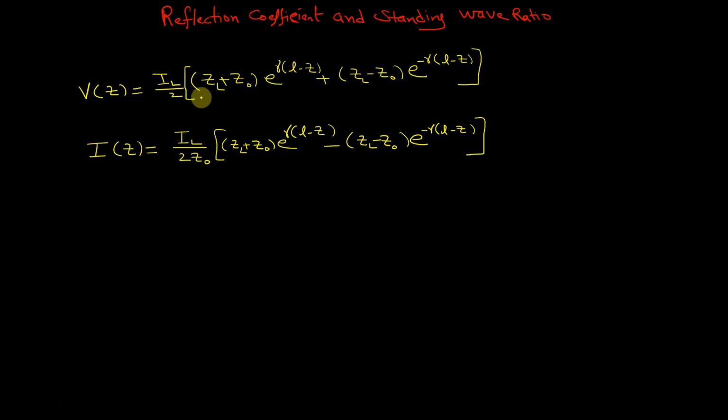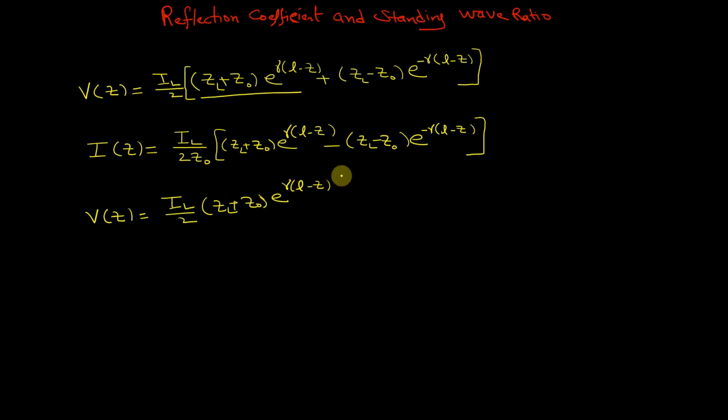So take the first term common, we can write V(z) is equal to I_L divided by 2 times (Z_L plus Z_0) e^(γ(L−z)).